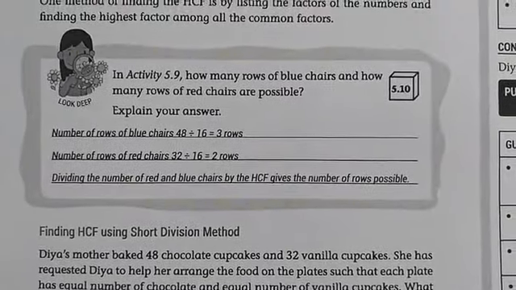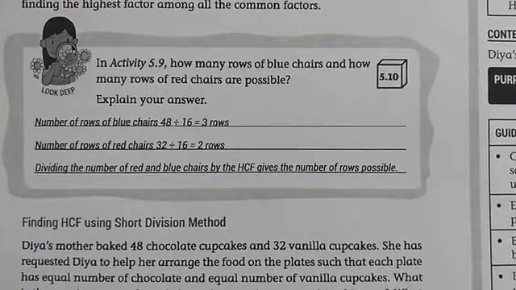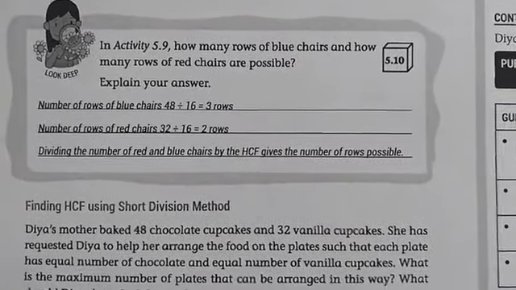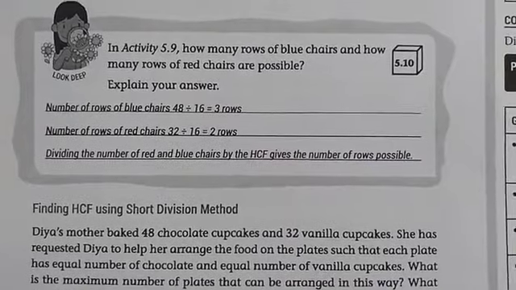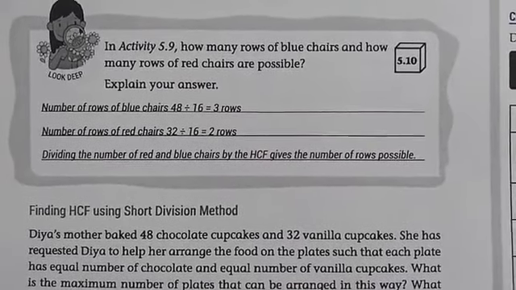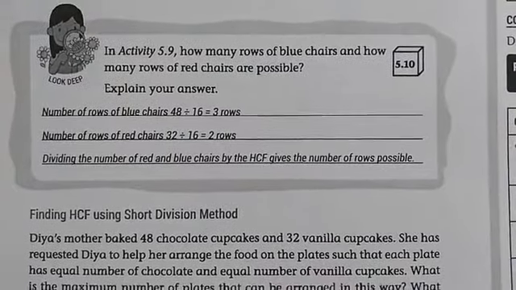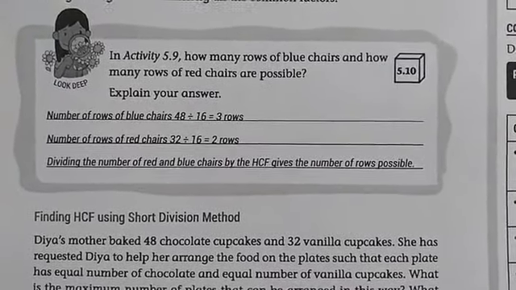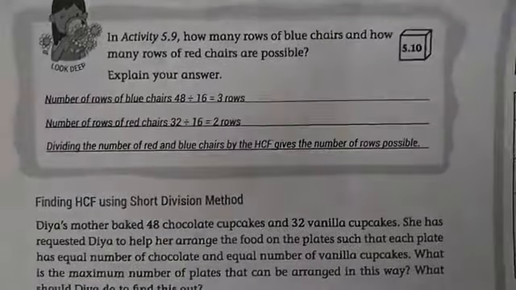In activity 5.9, how many rows of blue chairs and how many rows of red chairs are possible? Explain your answer. Number of rows of blue chairs: we have to divide 48 by 16. That is equal to how many rows? 3 rows. Then the number of rows of red chairs. This is 5.9.